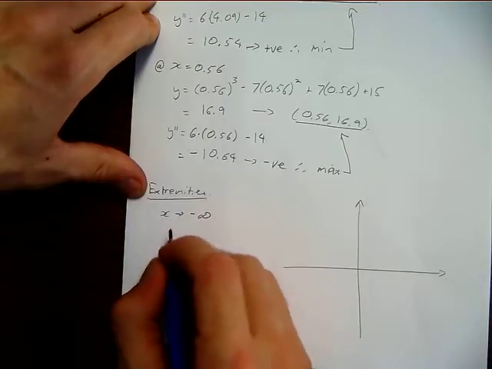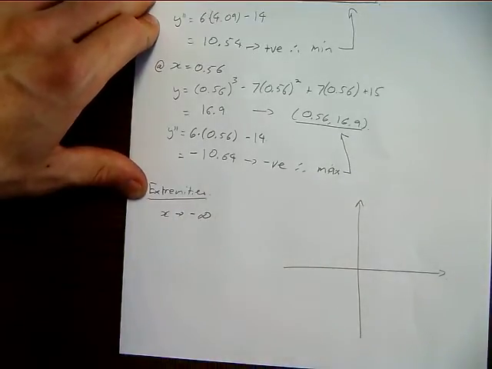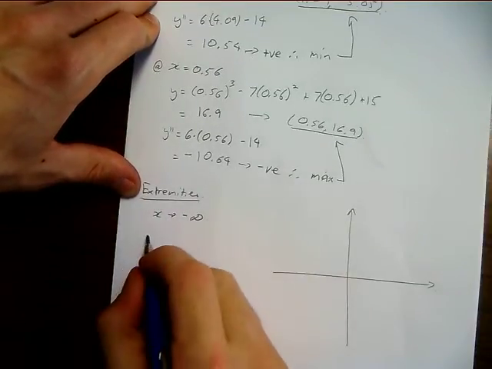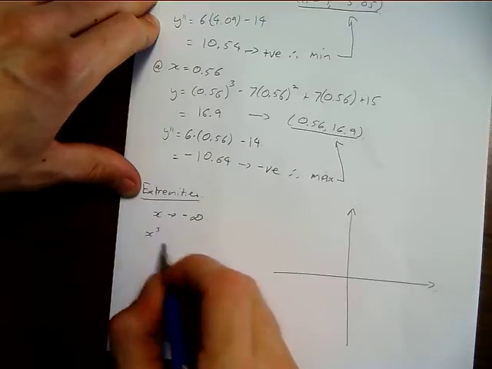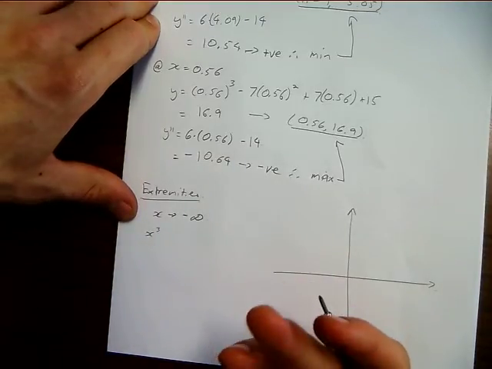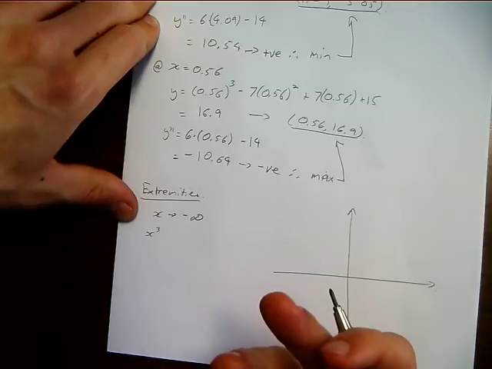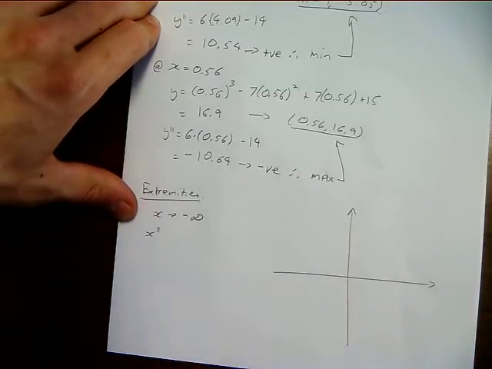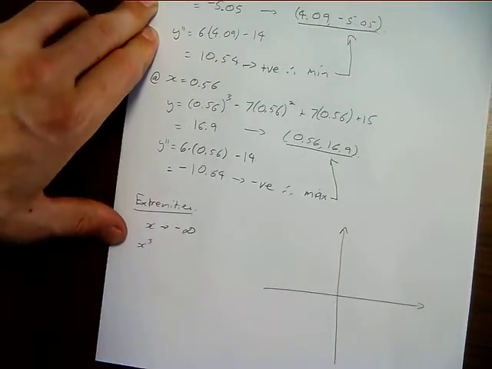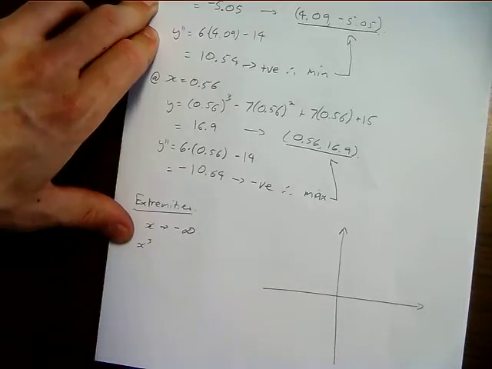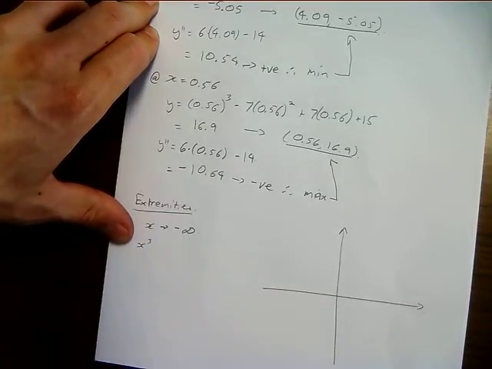So we look at our biggest term. The biggest term has the biggest impact on whether it's positive or negative. Because if we make a very big x, the x cubed is going to be more than enough to cover any of these smaller terms.